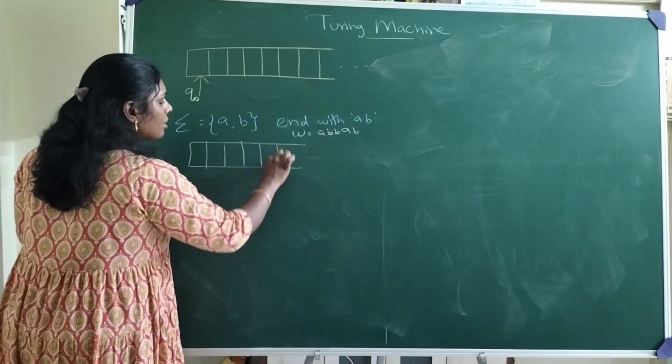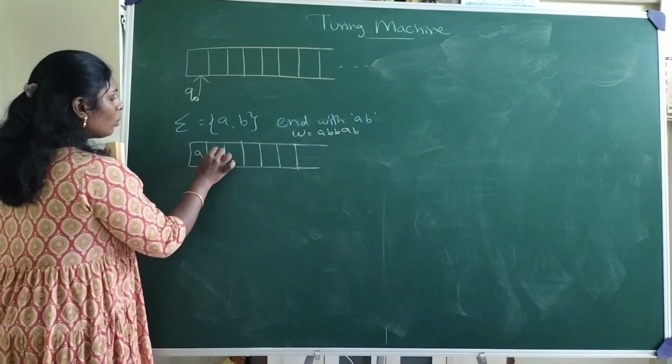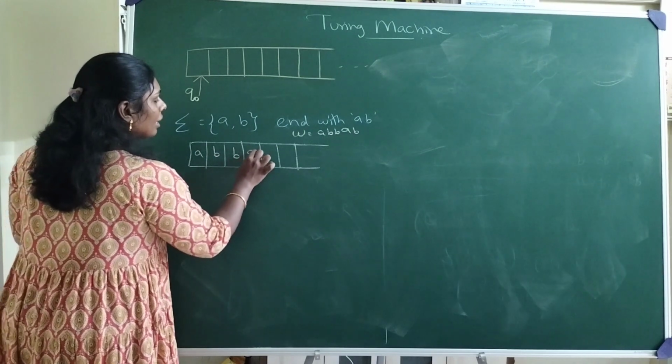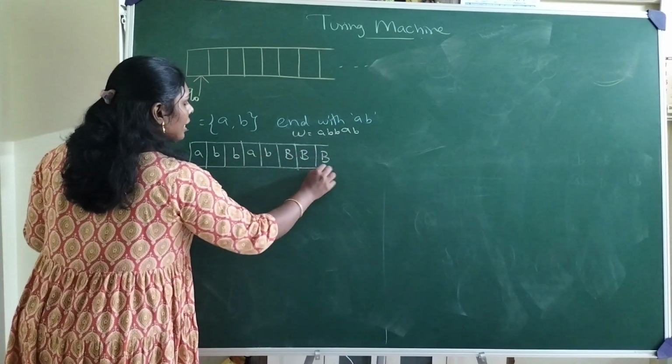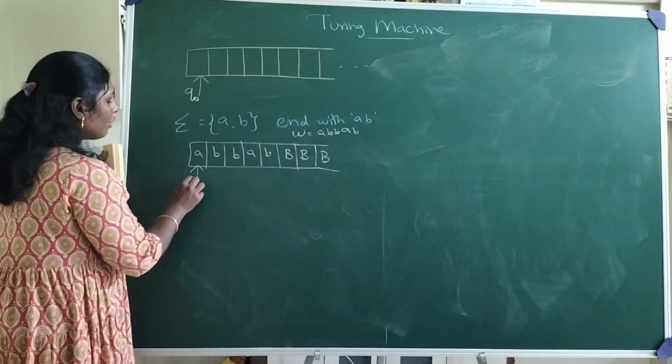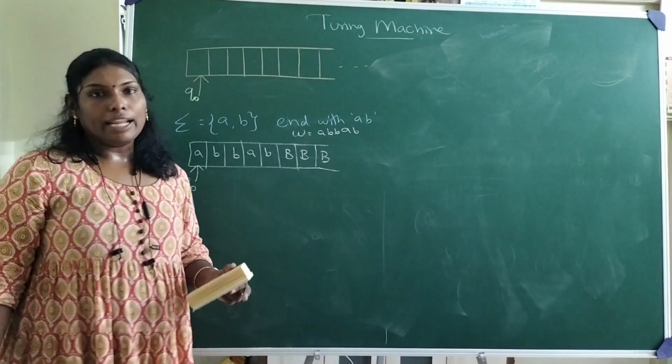Whenever you start the transition, the input is written in the tape from left to right with all these elements, one element at a time in a cell, and it is followed by all the blank representation. My read write head focuses on the first element, the starting input element.